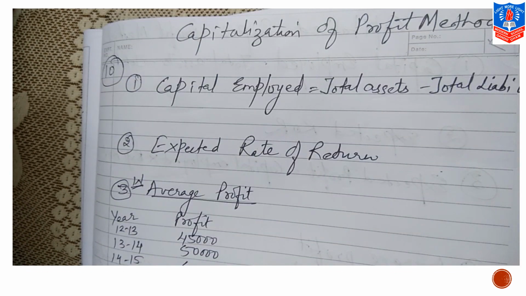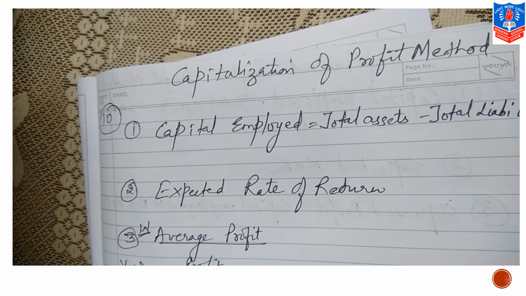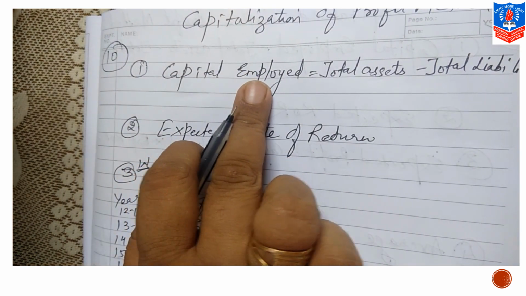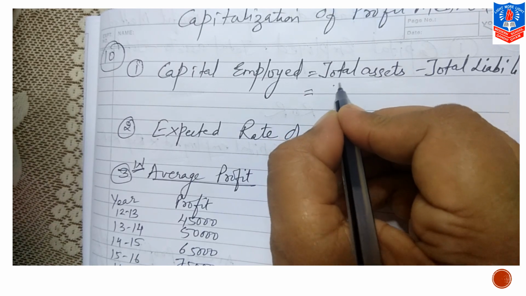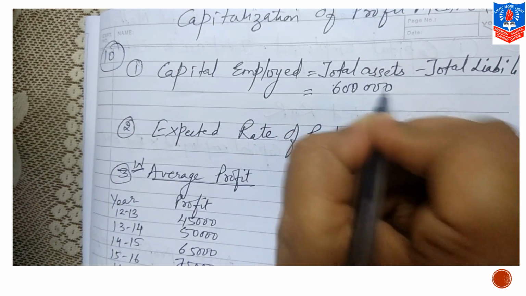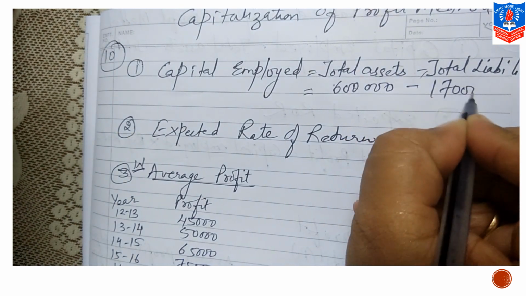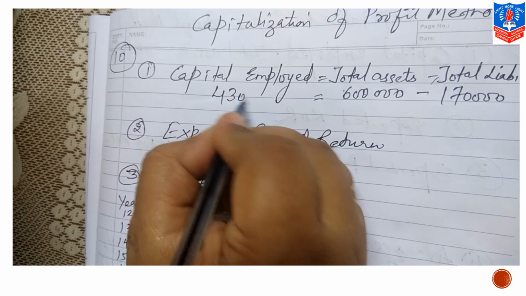Now, dear students, let us go for the practical of capitalization of profit method. Steps are there, 5 steps which we have seen. First step, capital employed we have to find out. So simple it is, given in the question directly. If you check the question, 6 lakhs is the value of assets given minus 1,74,000 is liability. This gives you capital employed of 4,30,000.